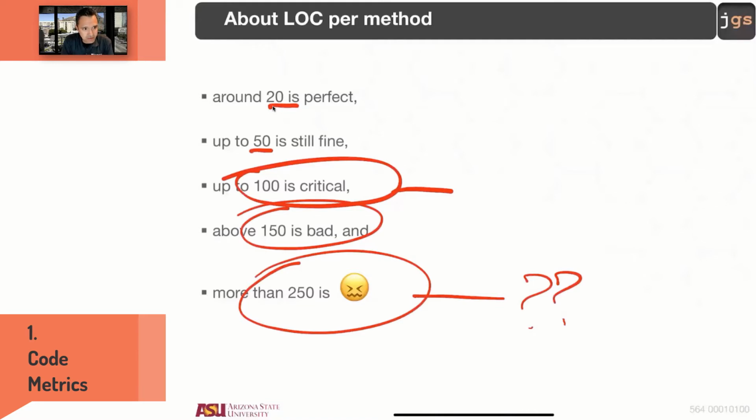Always keep your methods below 100, mandatory. Below 50 is good. Above 100, and if you reach 200, that is awful. So again, there are no magic numbers, but usually you're going to notice this is the average.